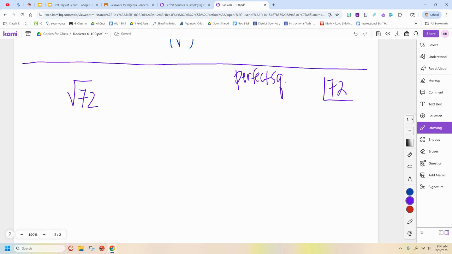Well, 100 is too big, and that's 10 times 10. 9 times 9 is 81. That's too big, right? So then 8 times 8 is 64. Do you think 72 is divisible by 64? No, it's not even close, so I'm going to cross that out.